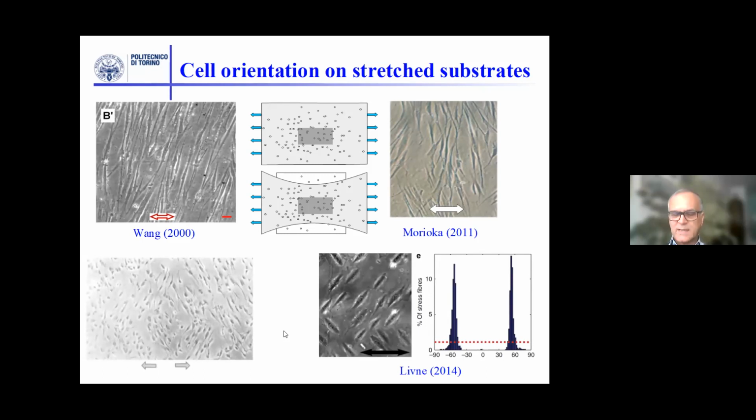The first one is that, of course, there is no up and down. So you see some cells that are oriented along an angle theta, and other cells that are oriented downward with an angle that more or less is minus theta. Your distribution in minus pi over 2 to pi over 2 presents two peaks around, say, minus 50 something and plus 50 something. The second thing that I want to stress, and it's not evident in the picture, is that these cells are not moving.